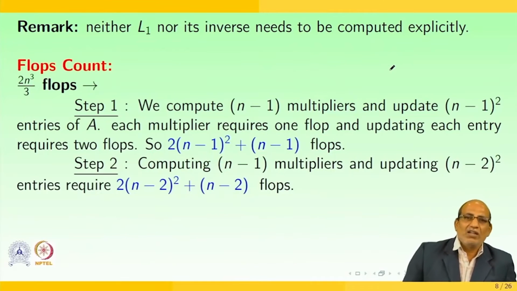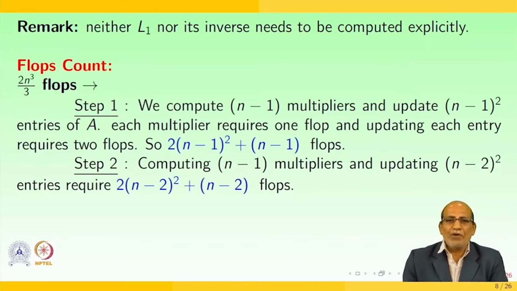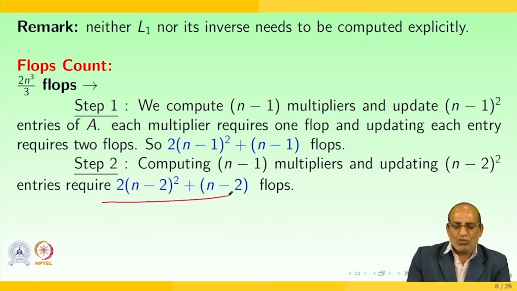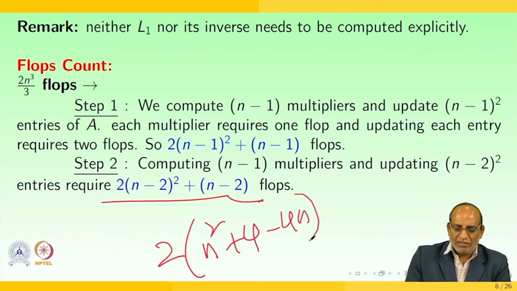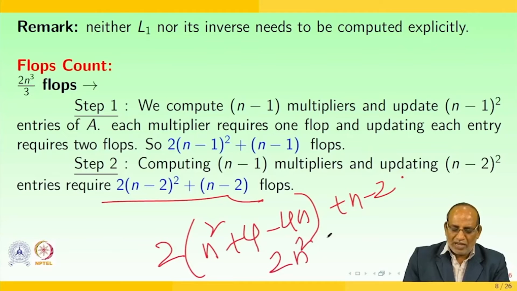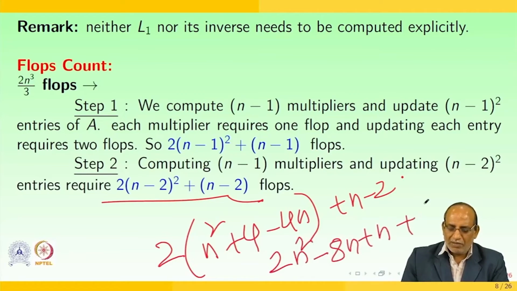Well, step 2, computing n minus 1 multipliers and updating (n minus 2) raised to power 2 entries requires 2 times (n minus 2) whole square plus (n minus 2). That means 2 into (n square plus 4 minus 4n) plus n minus 2. That means 2n square minus 8n plus n plus 8 minus 2.